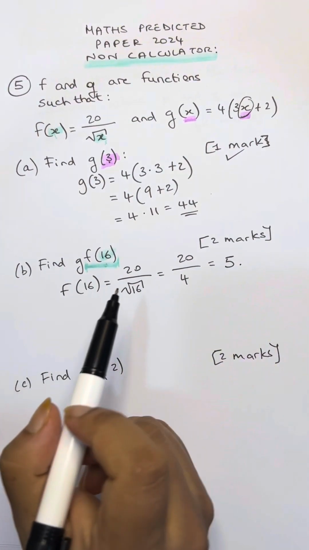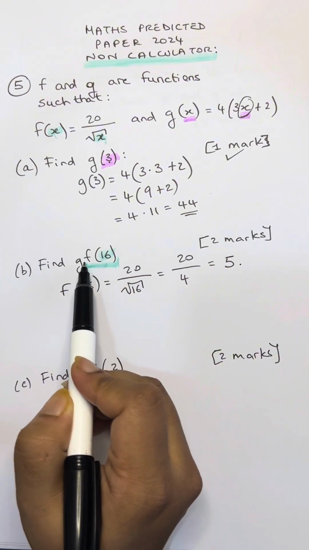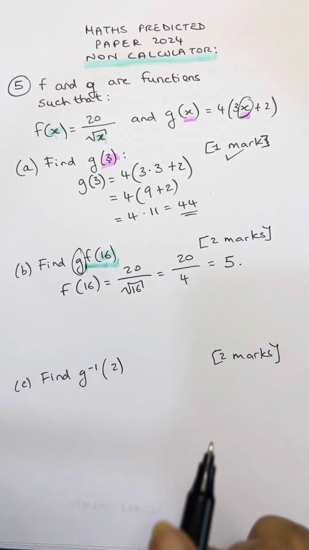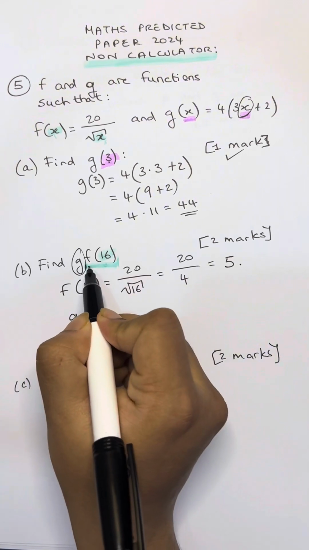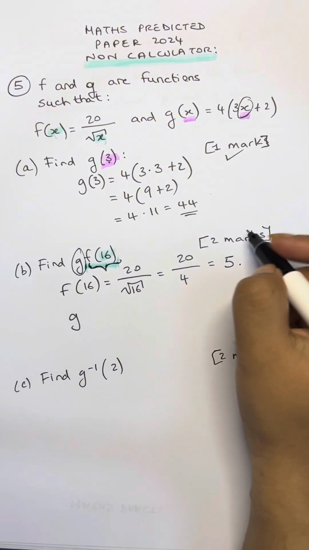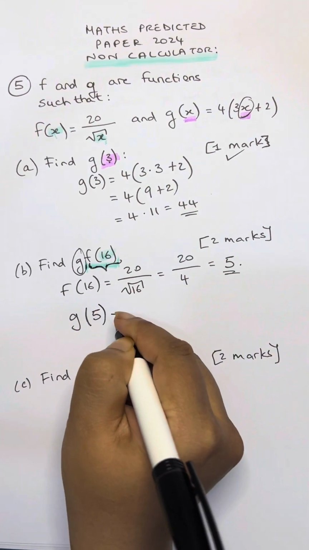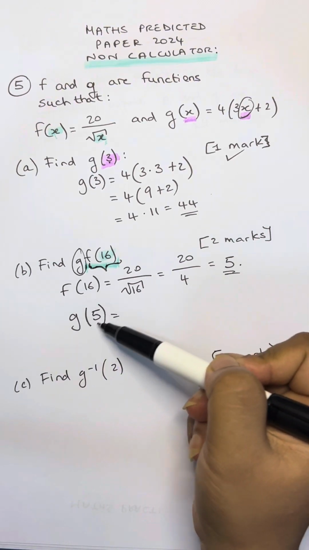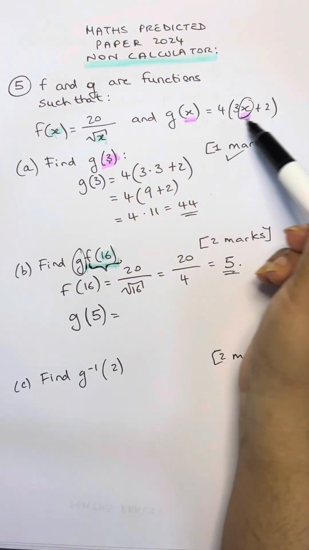Now this question is not done yet because the f of 16 is being multiplied by g here, right? So what you need to do is apply g to whatever you got for f of 16. What did you get for f of 16? You got 5. So it's going to be g of 5. And again, as I explained before, whatever is inside the bracket, you need to substitute into your original equation.